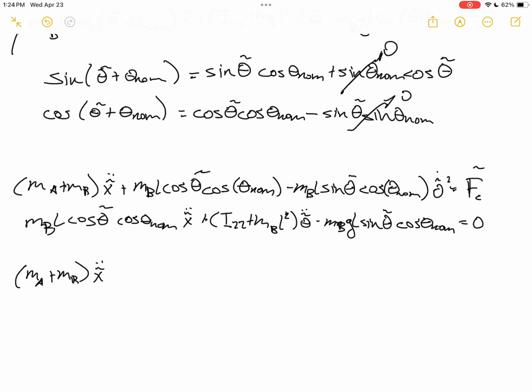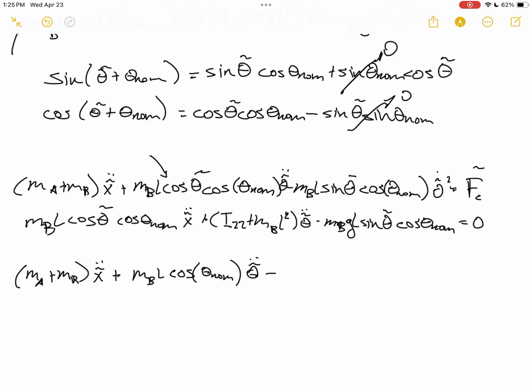The cosine in this second term right here, the cosine of theta tilde will linearize to 1 if theta tilde is small, so it'll be MBL cosine theta nominal. Cosine of theta nominal is a constant. I'm missing a theta tilde double dot right there, but that gets multiplied by theta tilde double dot.